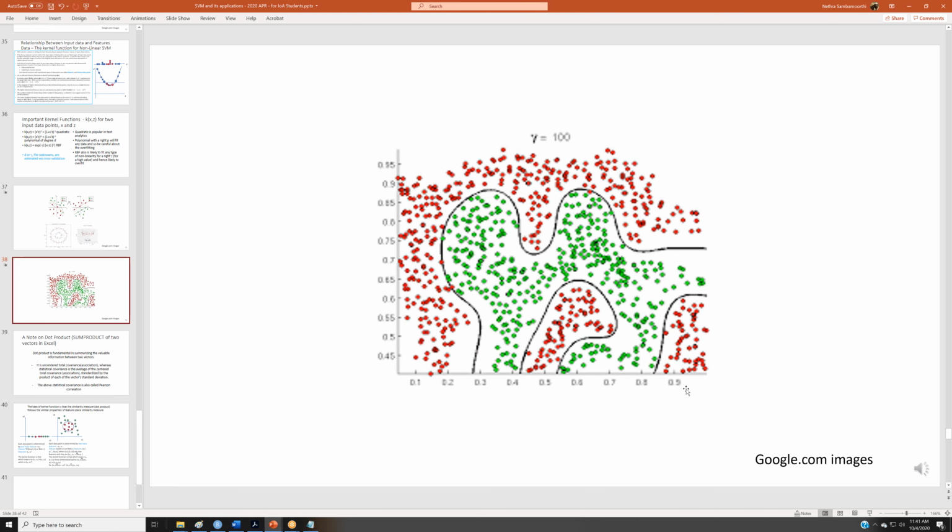This is one axis, x1 values, this is x2 values, let's say. But you can see that it almost perfectly created this line separator in this nonlinear space of red and green points. This separation is a solution coming from the radial basis function.